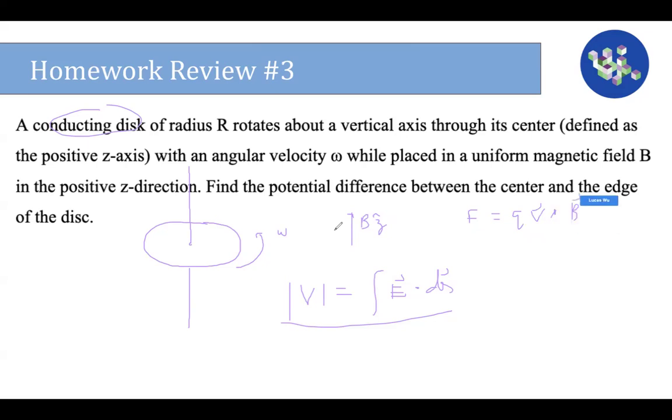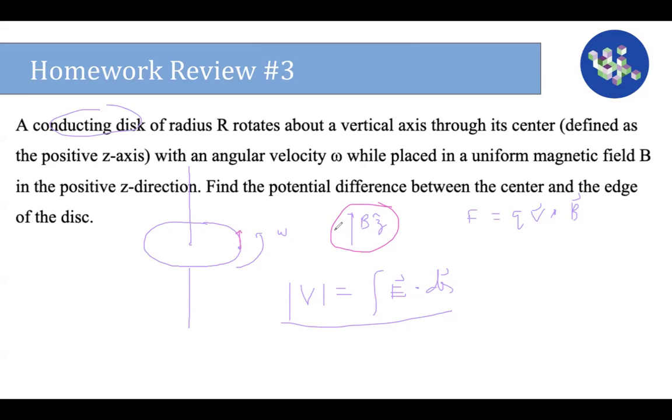If I look at this point over here, its velocity is pointing sort of into the page. Let me redraw that. The velocity vector would be pointing this way into the page, and notice it's going to be perpendicular to this B field vector, because the magnetic field vector is pointing in the positive Z direction, while the velocity is pointing into the page.